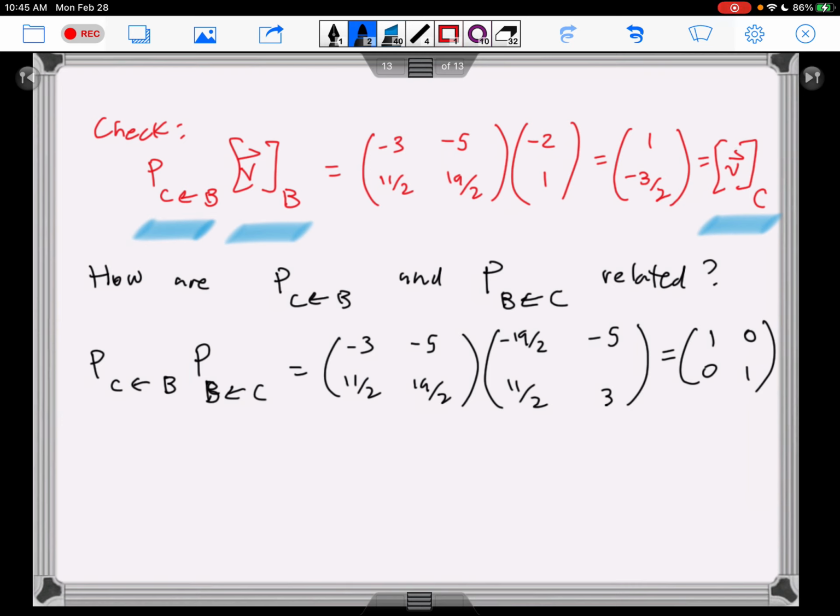This tells us that these two matrices are inverses of each other. Is that always true? Yes, it is. So this gives us a nice theorem. The theorem says that the change of basis matrix from B to C inverse is actually equal to the change of basis matrix from C to B.